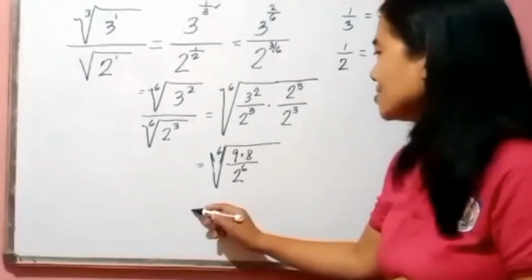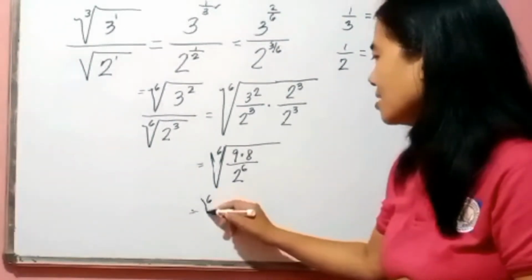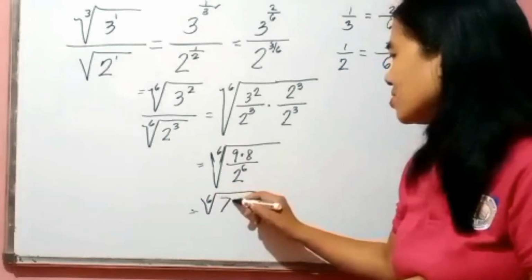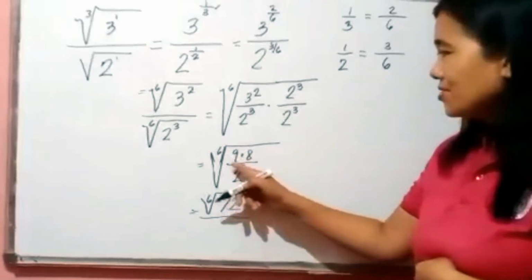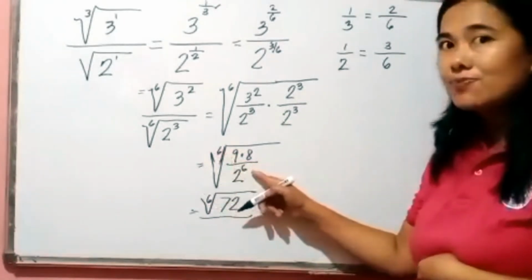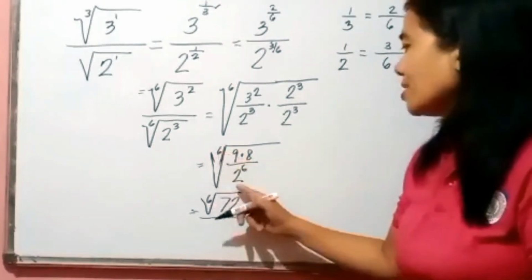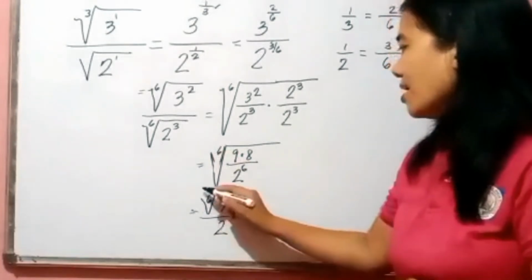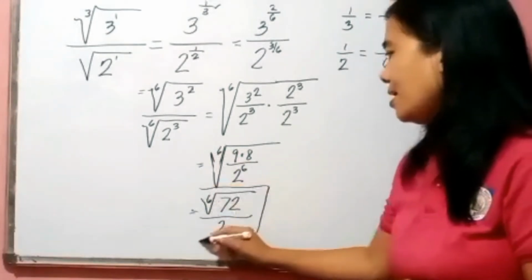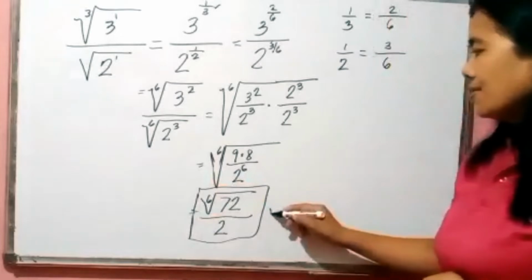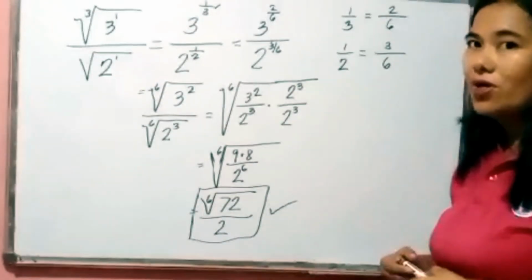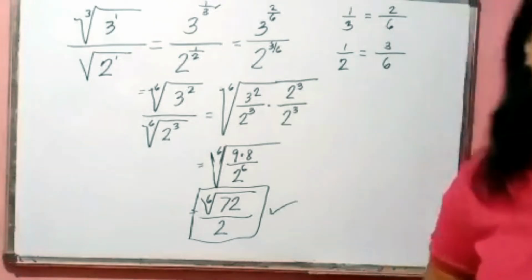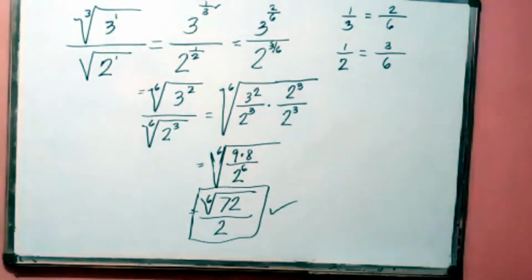Okay? Tapos, 9 times 8 is 72. Ngayon, diba, pareho na sila ng exponent tsaka ng index mo, so pwede mo na ilabas yung 2. And ito na ngayon yung final sagot. Okay? So, 6th root of 72 over 2.